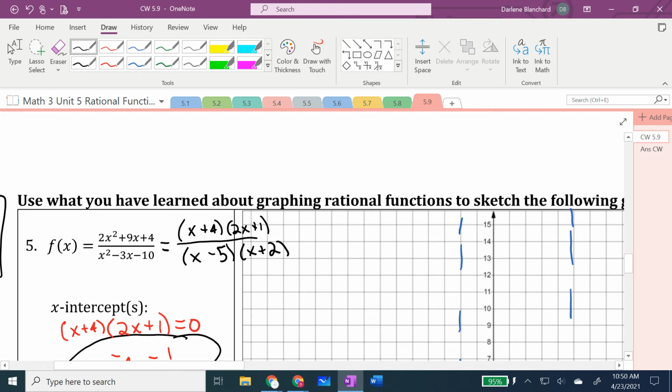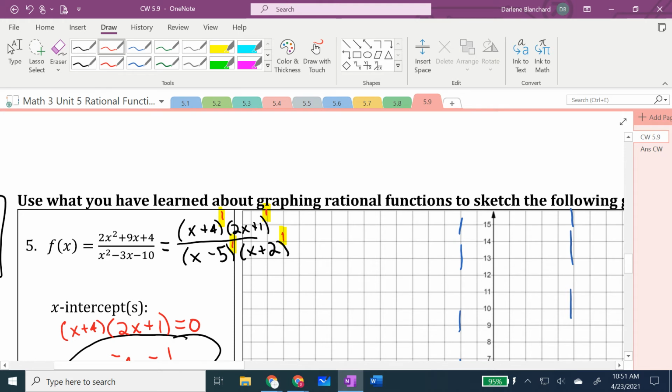I want you to notice that each of those is a linear factor. It's just x to the 1 power in each parentheses. None of them have exponents. All of them have an understood 1 exponent on each of these linear factors.